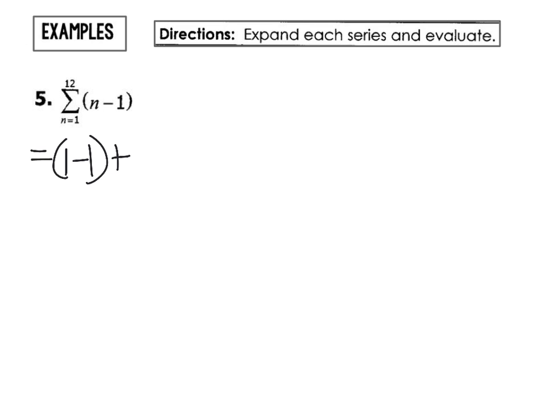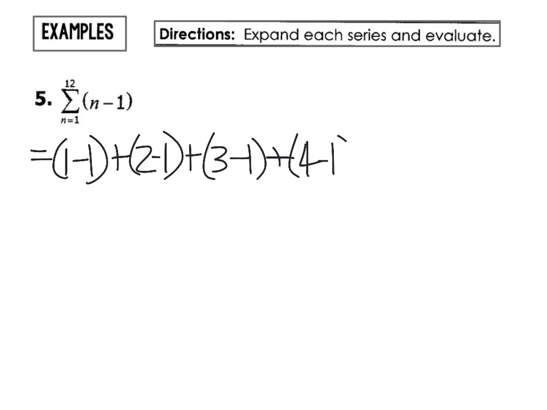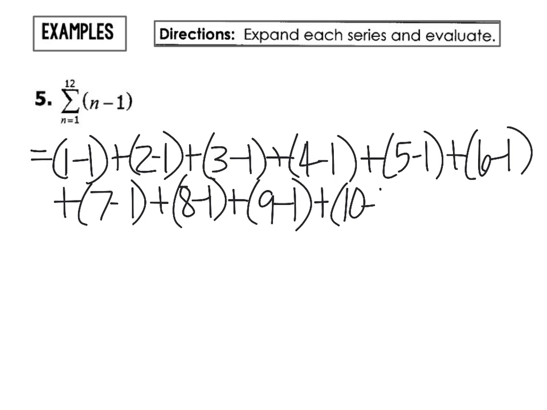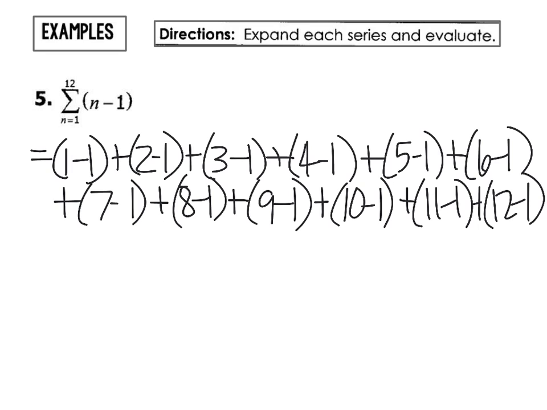Plus, because we're talking about the summation of the sequence or the series, the second term when n equals 2, 2 minus 1, plus the third term, 3 minus 1, plus 4 minus 1, plus 5 minus 1, plus 6 minus 1, plus 7 minus 1, plus 8 minus 1, because we're going all the way up till 12. 9 minus 1, 10 minus 1, 11 minus 1, plus 12 minus 1. We're going when n equals 1 all the way up to 12.